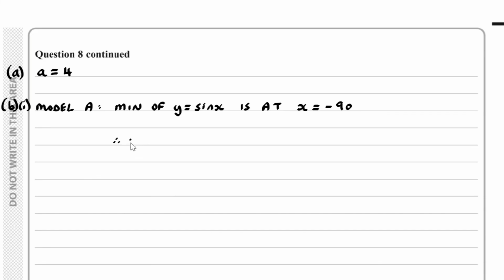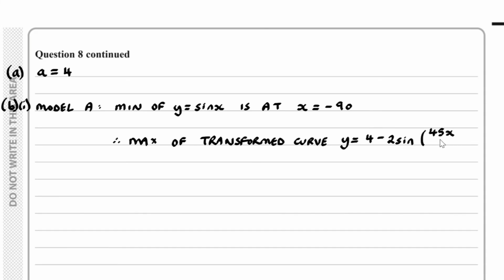And so therefore, the maximum of our transformed curve, which is y equals 4 minus 2 times the sine of 45x over 2, is when 45x over 2 equals minus 90.